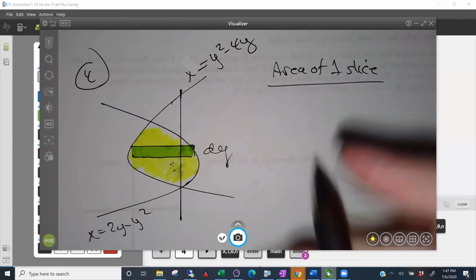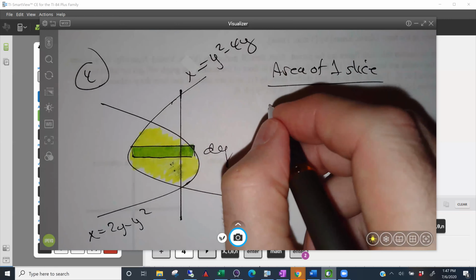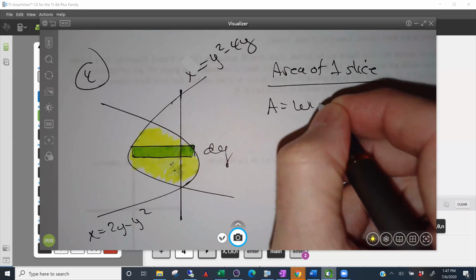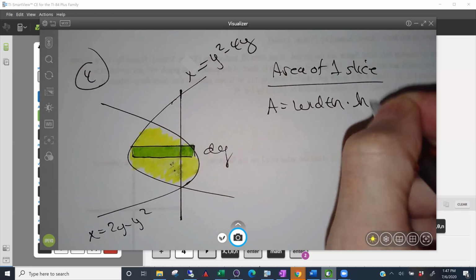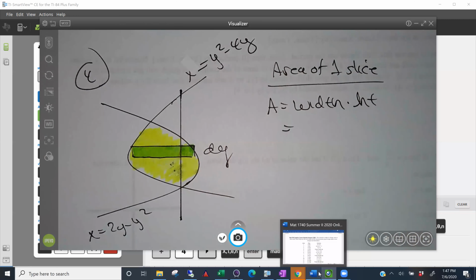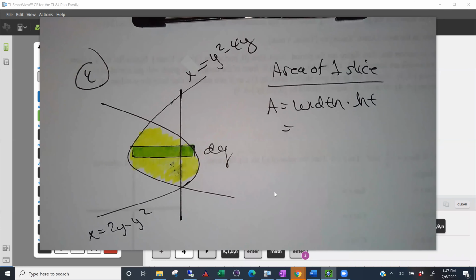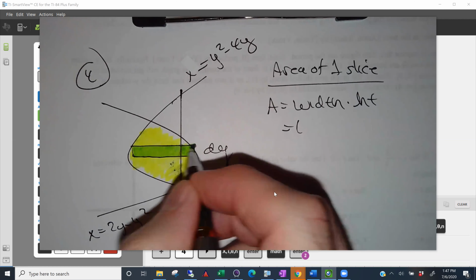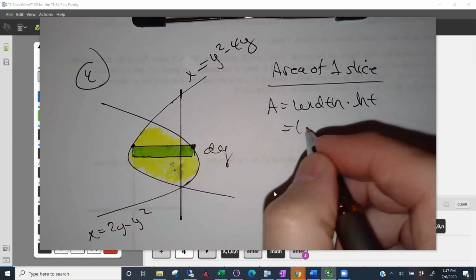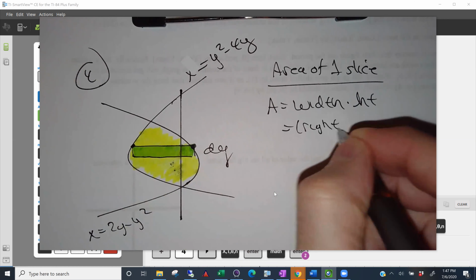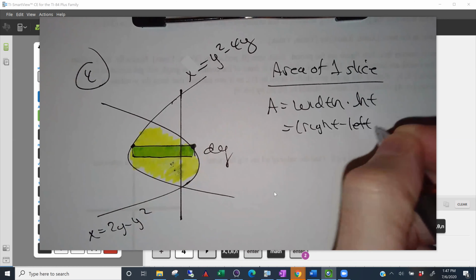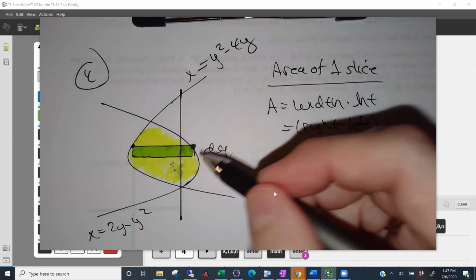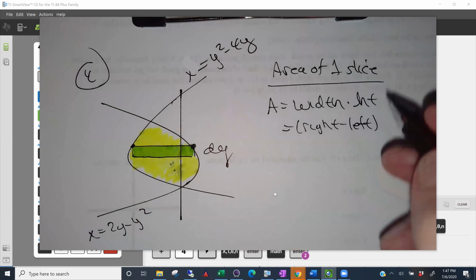Well, that's going to be the width times the height. The width is going to be the rightmost portion of your function minus the left. Right minus left. And the height, this height is just going to be your dy.